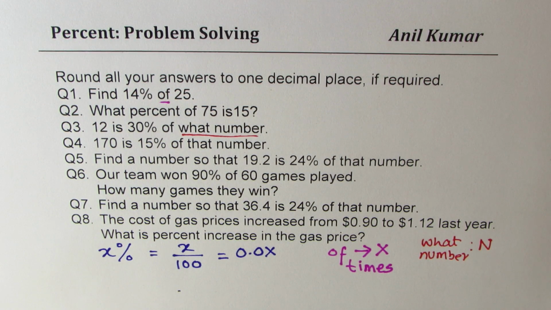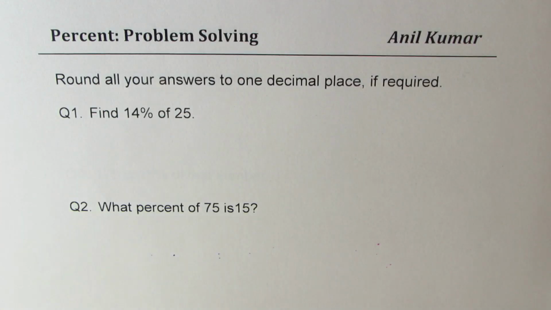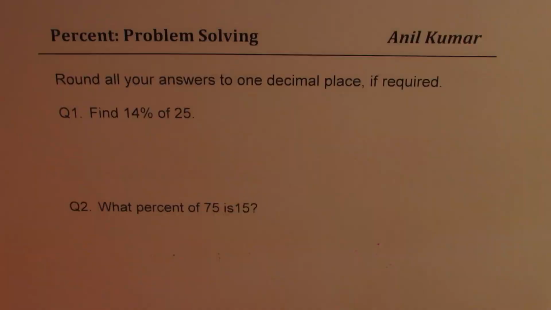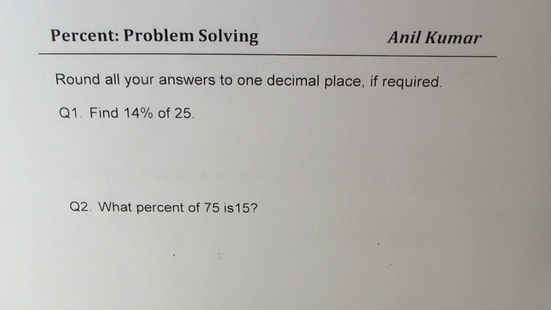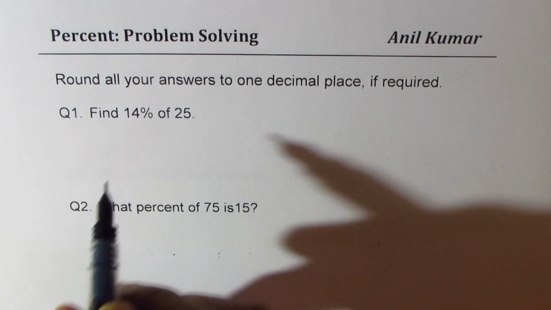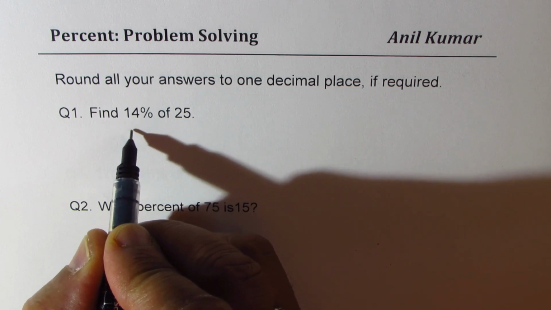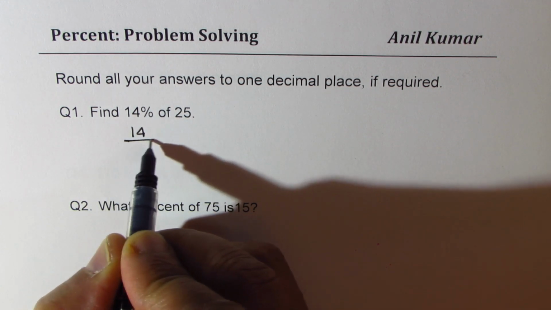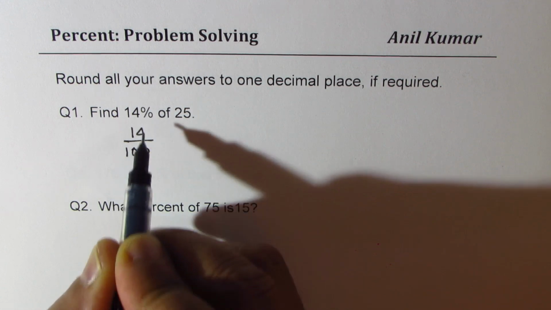So let us see how we can solve it. The very first question is: find 14% of 25. So 14% means 14 over 100, correct?